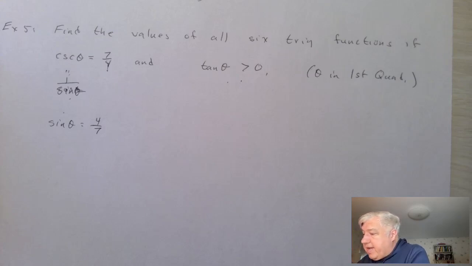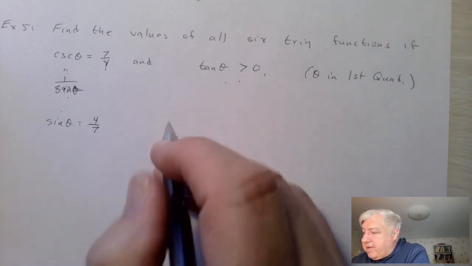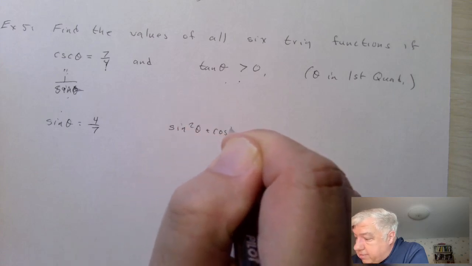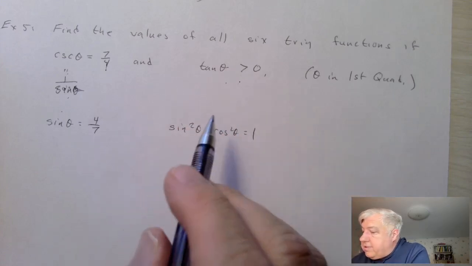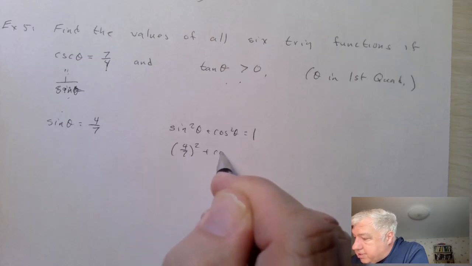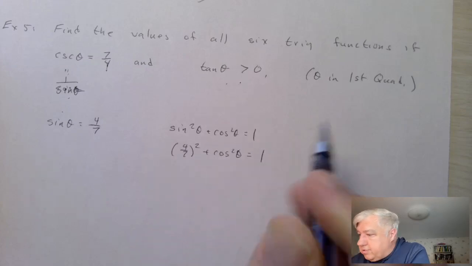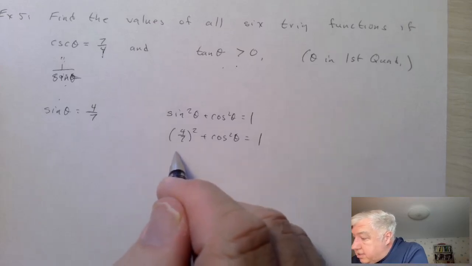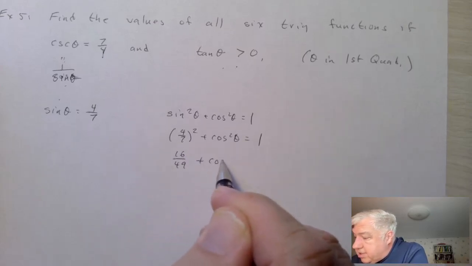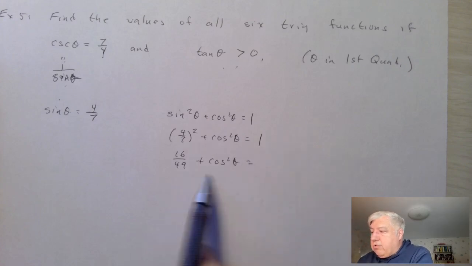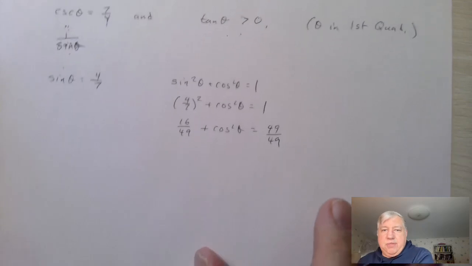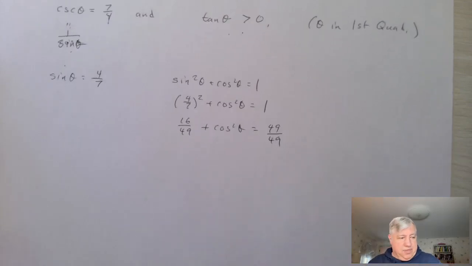And now that we know the sine, we can use the fundamental identity. So this is going to be 4/7 squared plus cosine squared equals 1. This is 16 over 49 plus cosine squared of theta equals 1, but we can rewrite the 1 as 49 over 49, because we need a common denominator.